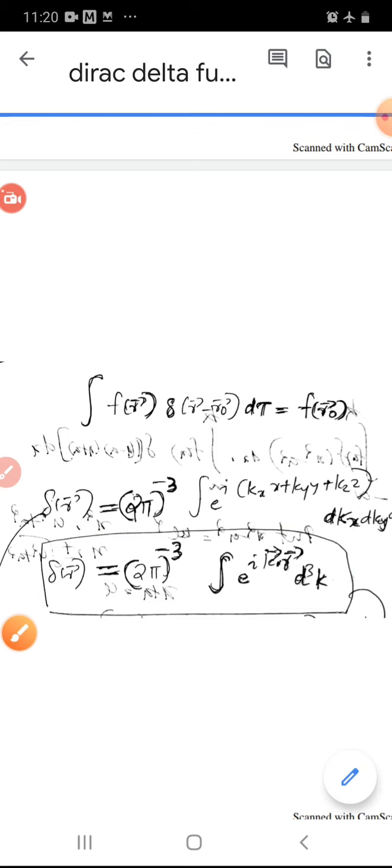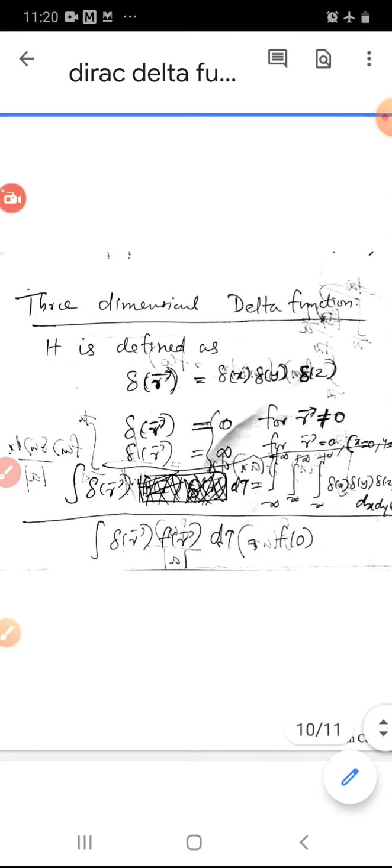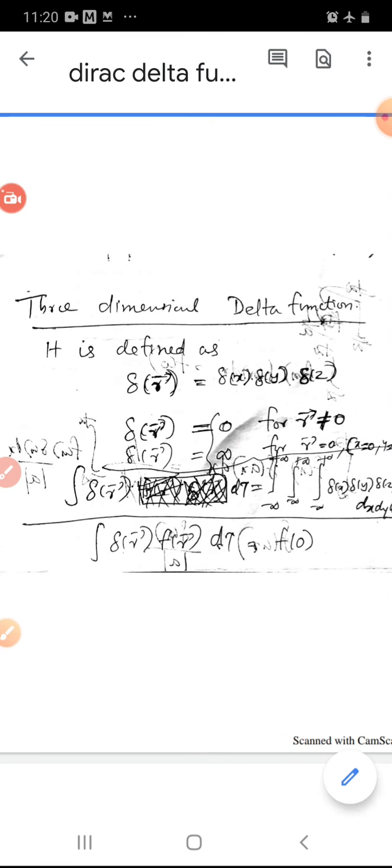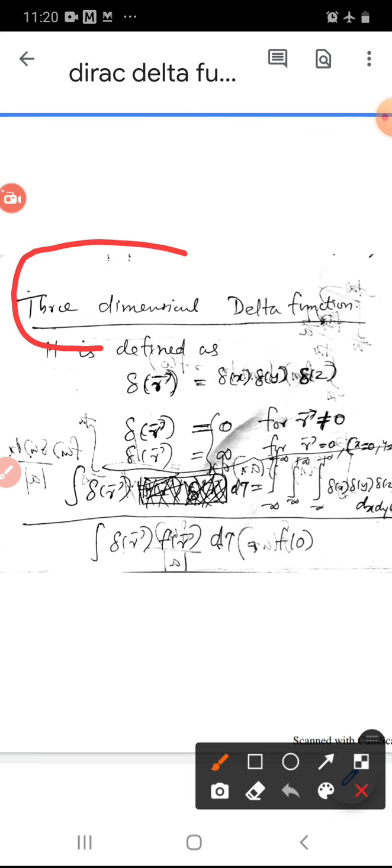This is how we represent the Dirac delta function in three-dimensional form.